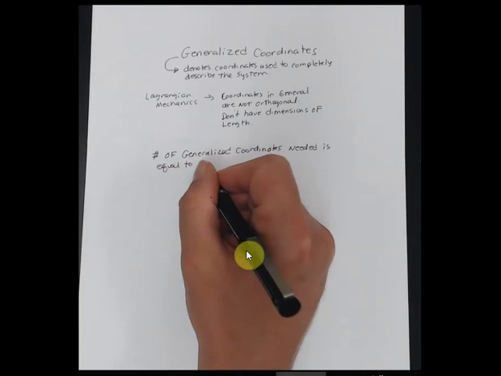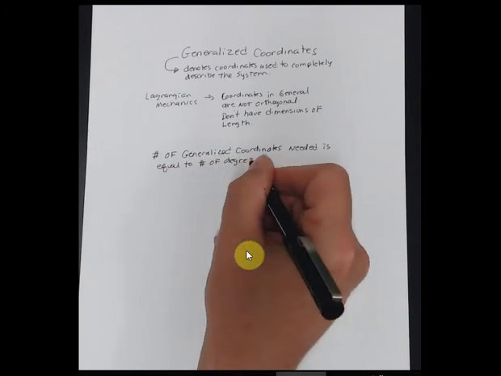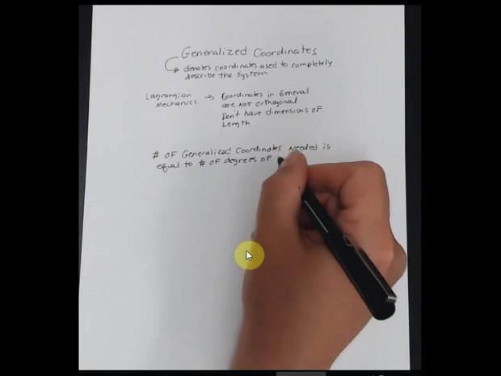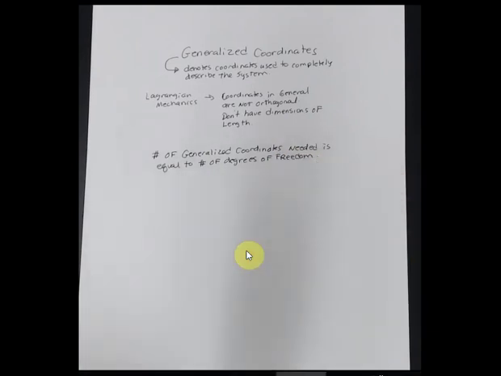What it boils down to is the number of ways that the system can have energy independent of any other way.